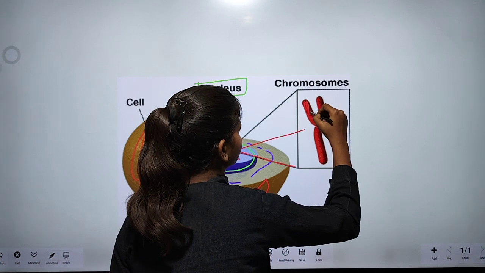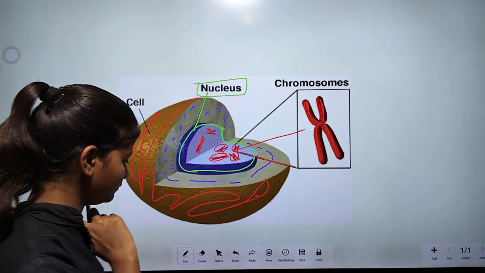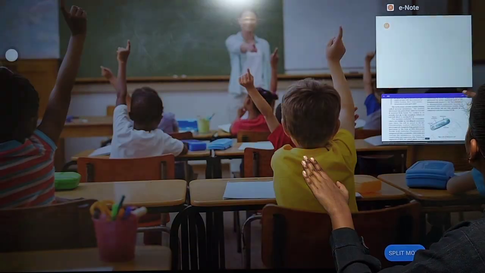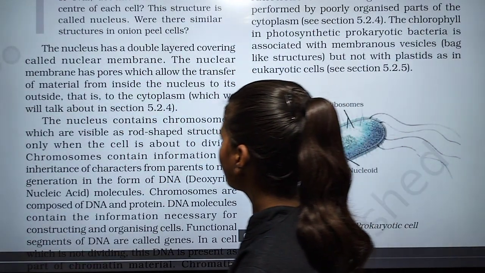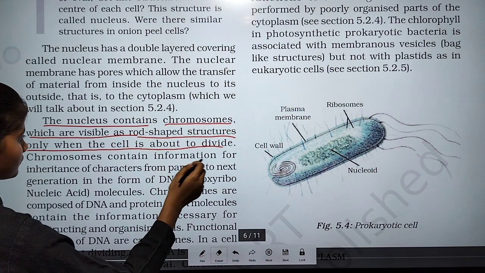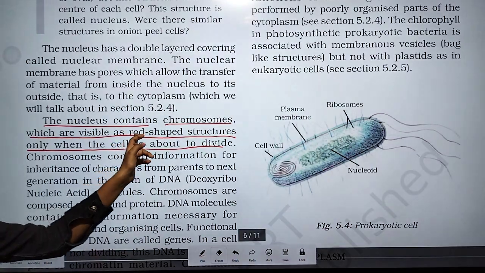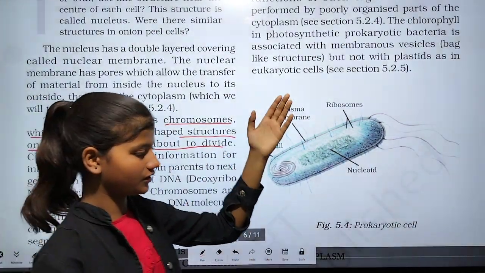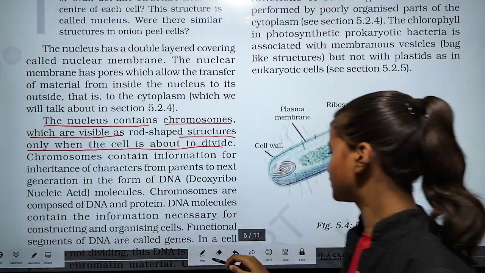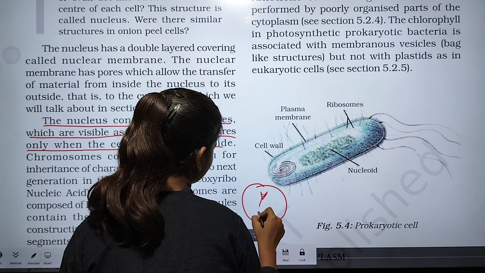This one is called chromosome. It is present in the cell, and you can see in the figure it is present in the nucleus, and it looks like this rod-like shape.